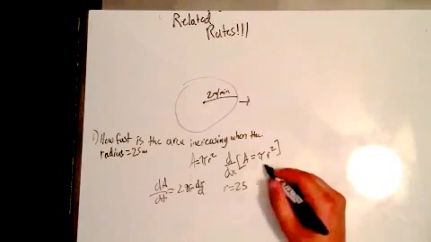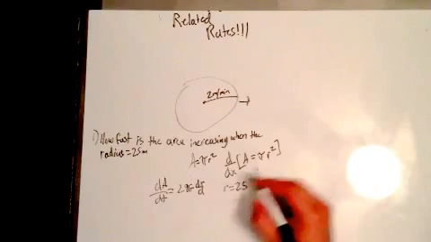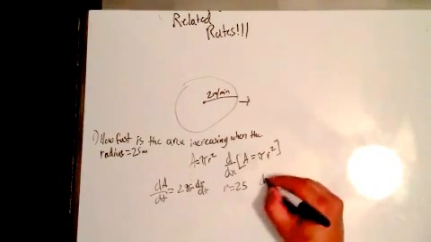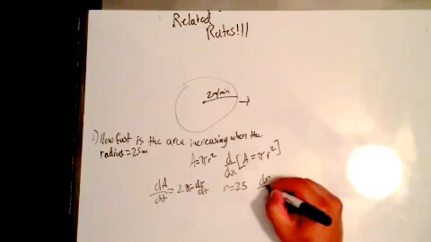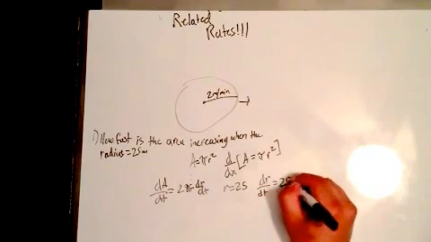And the radius is expanding out at a rate of 2 meters per minute, so dr/dt is equal to 2 meters per minute.